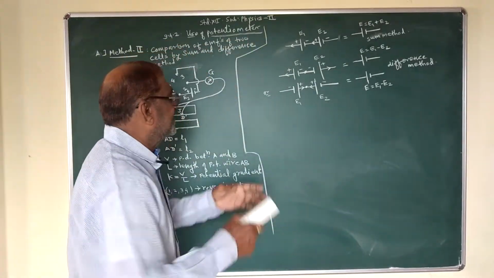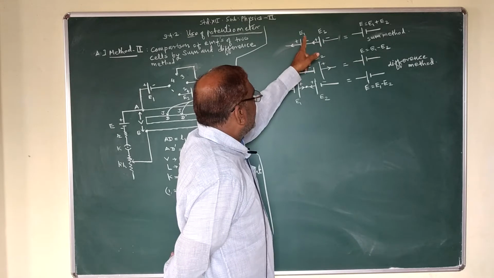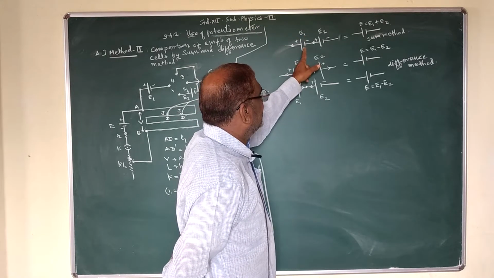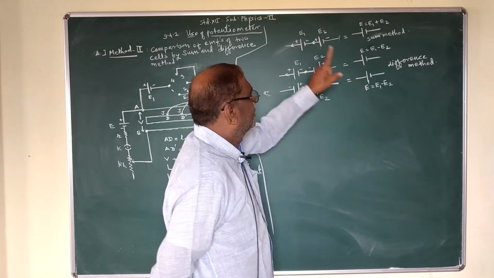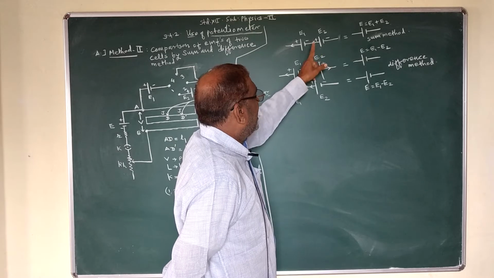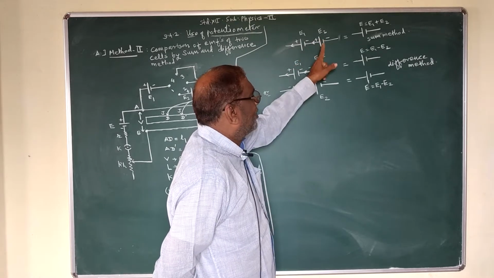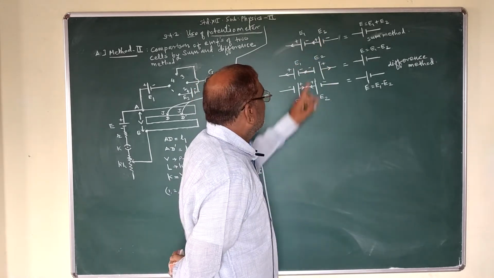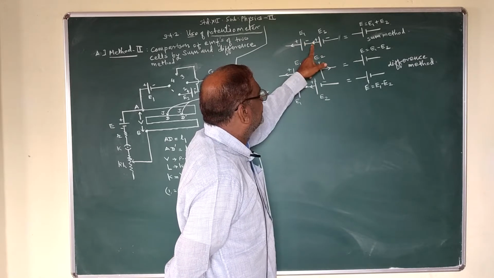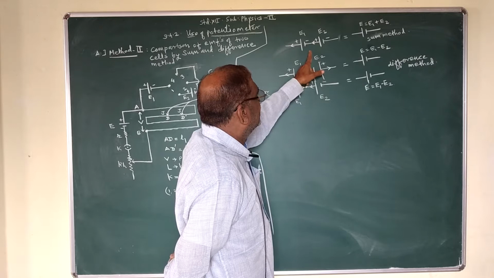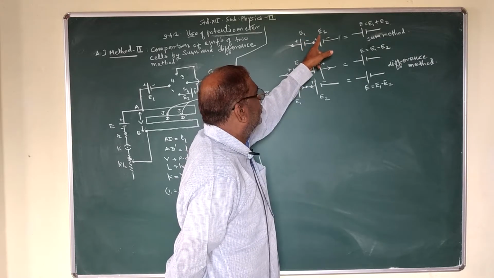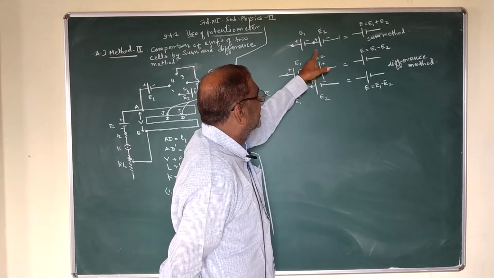That is, in this case, E1 is the EMF of the first cell, every cell consisting of two electrodes, a positive electrode and a negative electrode, and E2 is the EMF of the second cell. These two cells are connected together such that the negative terminal of the first cell is connected to the positive terminal of the second cell.